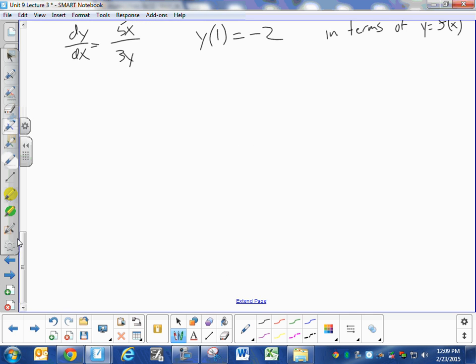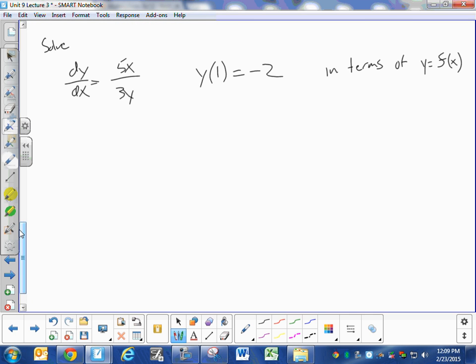Why don't you do this one? You want to solve this differential equation in terms of y equals f of x.